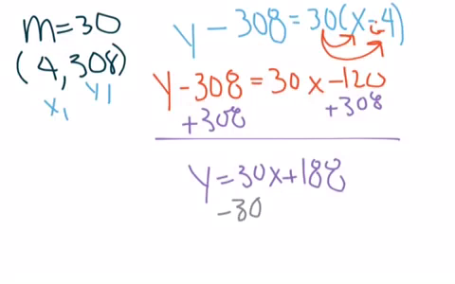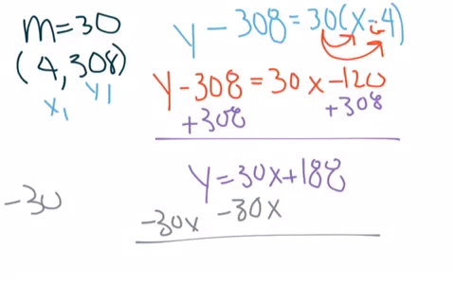Move that x to the opposite side, to the right side. So we would subtract that on both sides and get negative 30x plus y equals 188. Sorry, that is so sloppy. And you would know that 188 is where it hits on the y-axis.